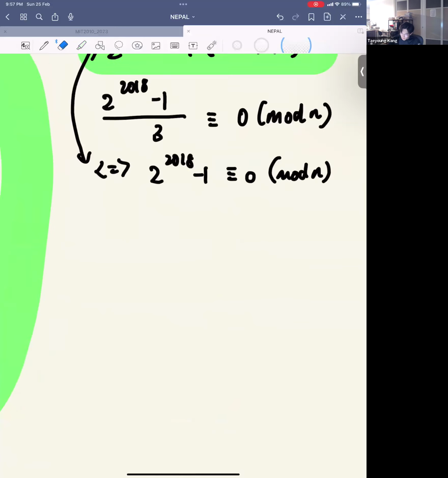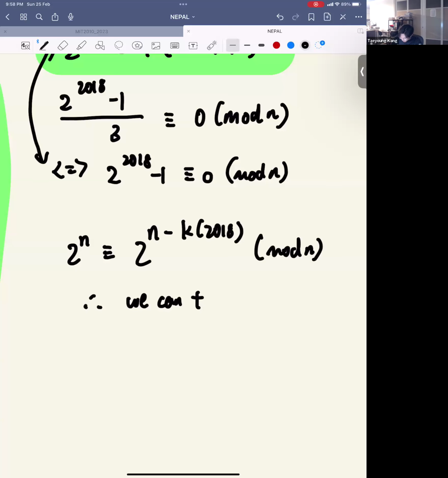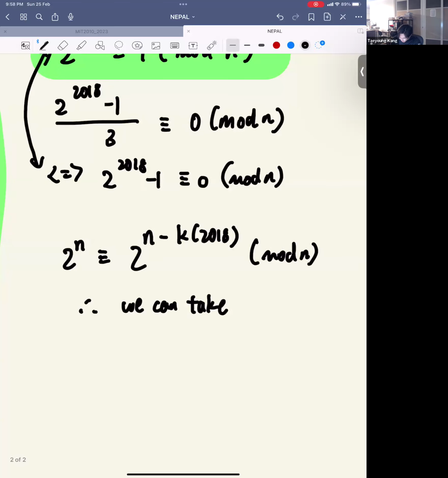Because if we have 2 to the power of n, it is congruent to 2 to the power of n minus any multiple of 2018 mod n. Hence, we can take r to be some residue of n mod 2018.